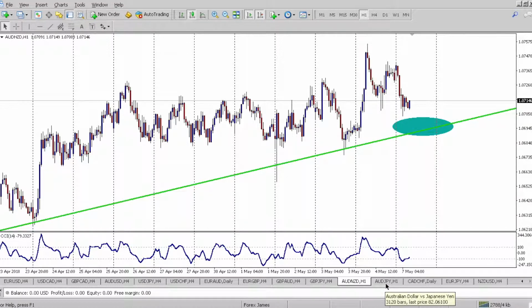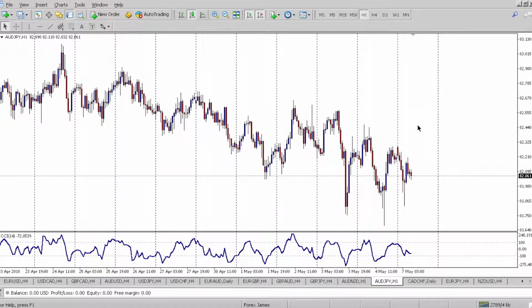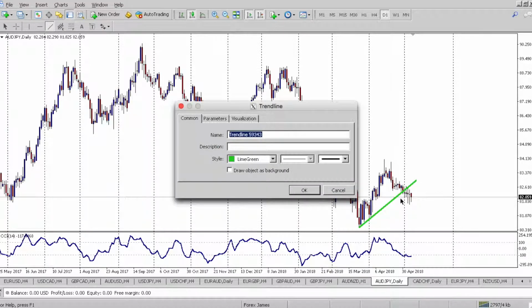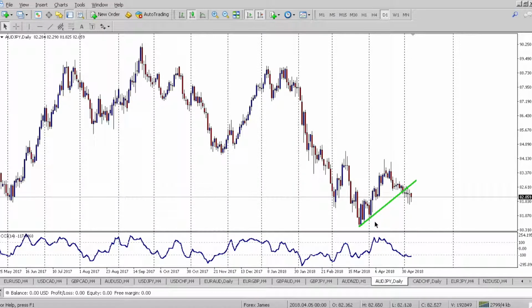Aussie yen, really choppy here. My bias for this pair, I had a long bias last week, but price broke through this trend line. Seeing how price broke through it, I'm definitely still biased to the upside here.